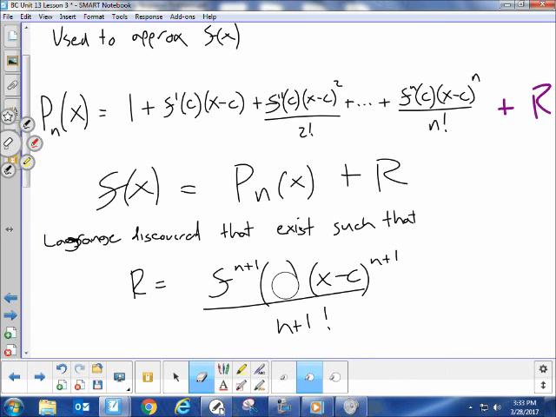And I don't want to say this is C, I'm going to say this is Z. And Z ends up being between where we center this polynomial and where we're trying to approximate.